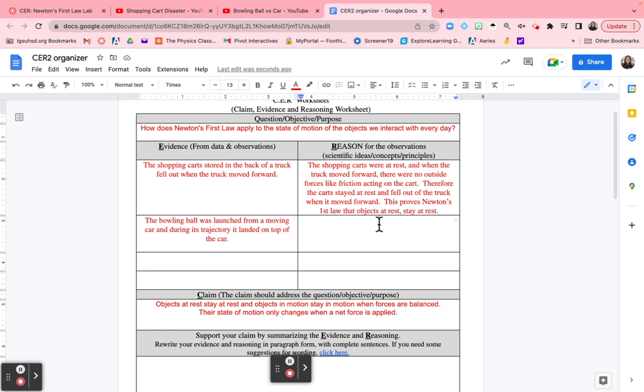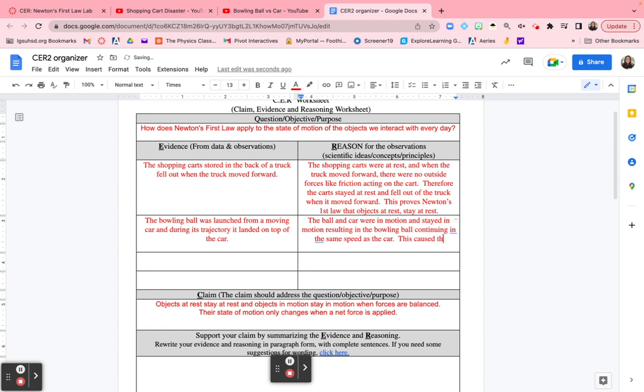So here we want to tie our bowling ball to an object in motion, staying in motion, or even the car, because the car was in motion as well. So the ball and car were in motion and stayed in motion, resulting in the bowling ball continuing at the same speed as the car.